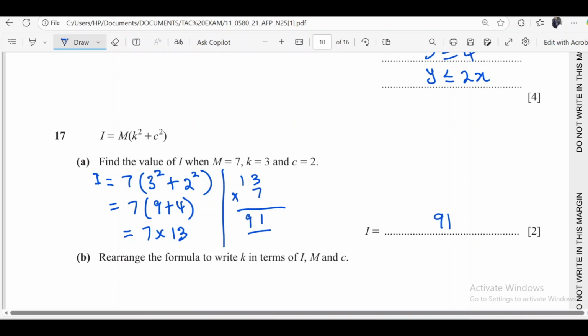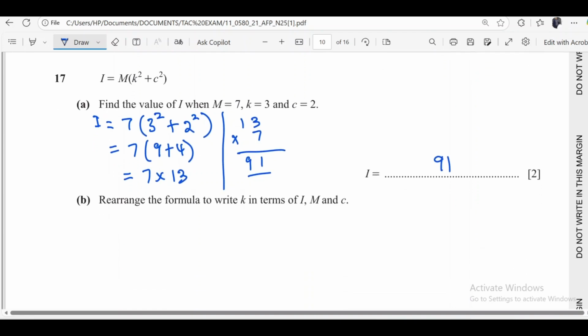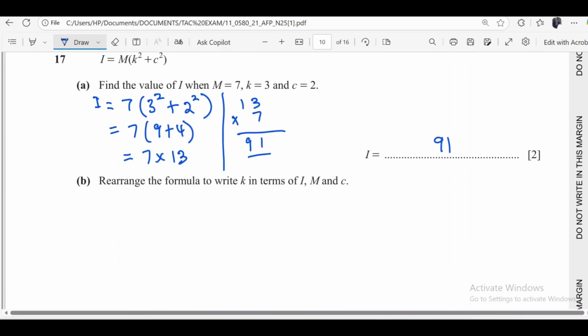Now the b part, we are required to rearrange this formula to write k in terms of I, m, and c, so that's to make k the subject. So let's get the formula back again. This is what we have. We want to make k the subject.